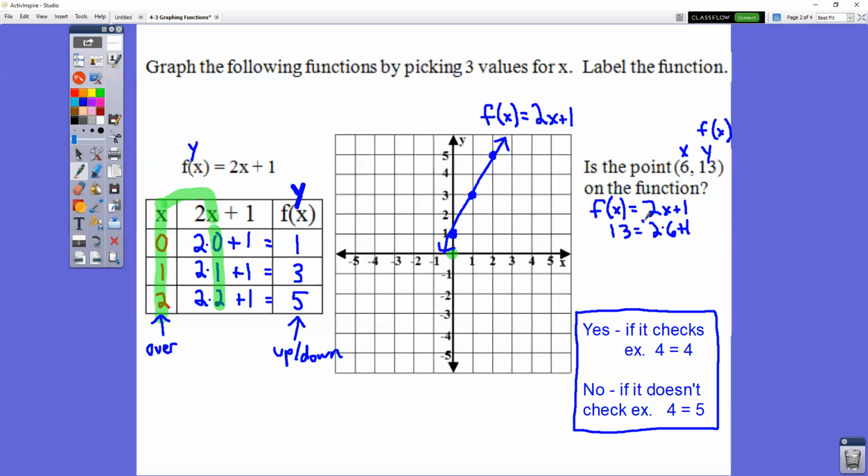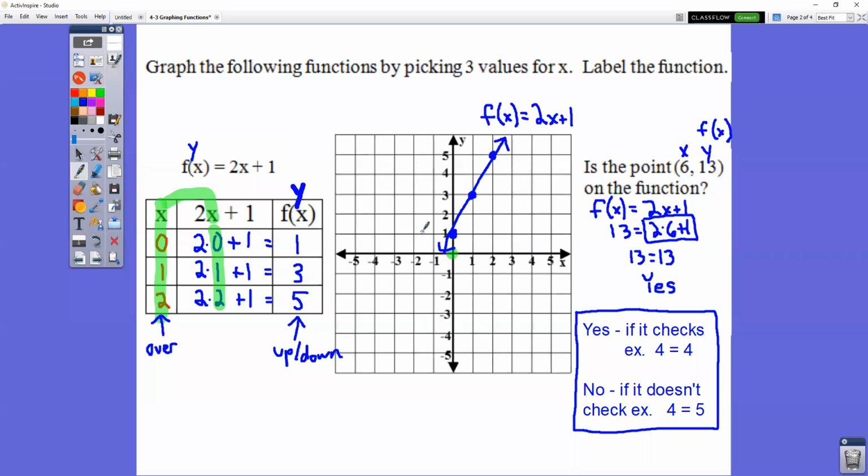So do this calculation: 2 times 6 plus 1 is 13. So 13 equals 13. If the numbers match like this, your answer is a yes. If the numbers don't match, then your answer is a no. And this is one complete question.